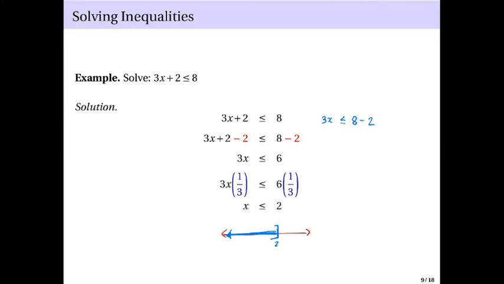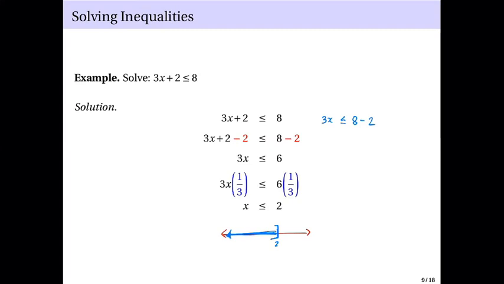Okay? When you move an expression from one side of the inequality or even the equality, but to be more precise for this discussion, when you move one expression from one side of the inequality to the other side, the inequality direction won't change.